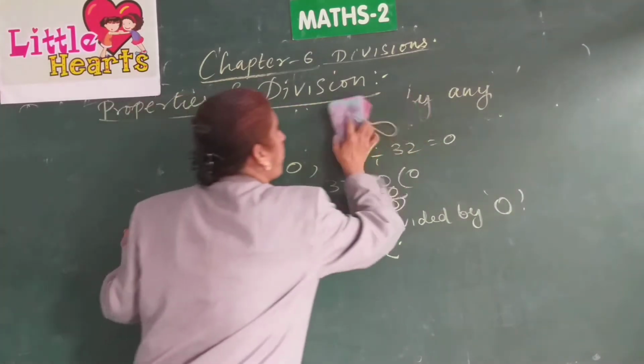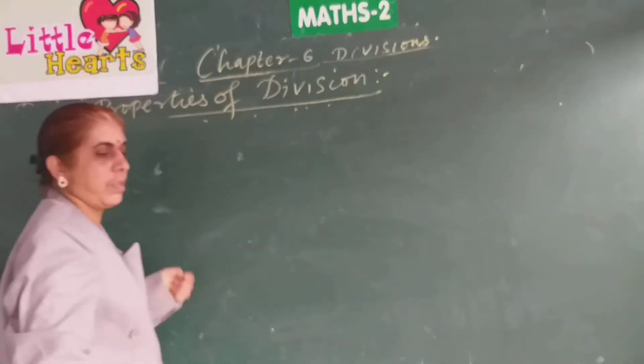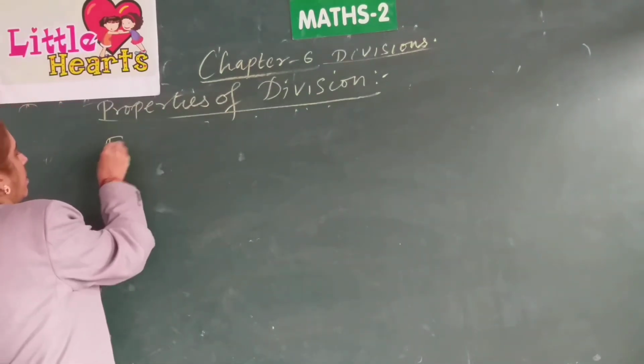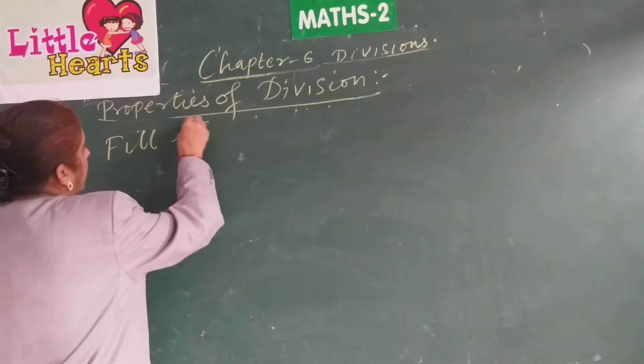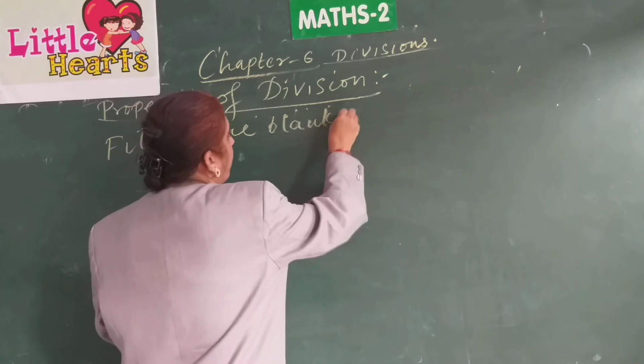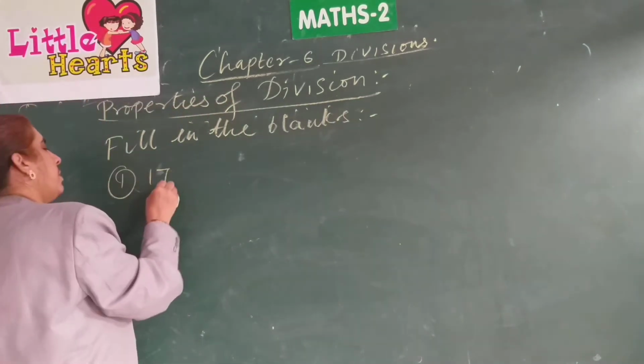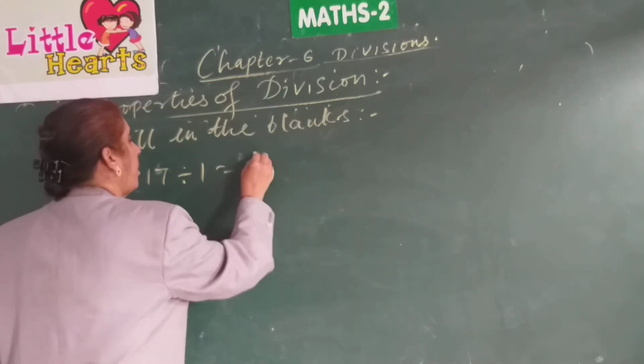Now basing on the properties, fill in the blanks. Fill in the blanks using properties of division. 17 divided by 1 is equal to dash.